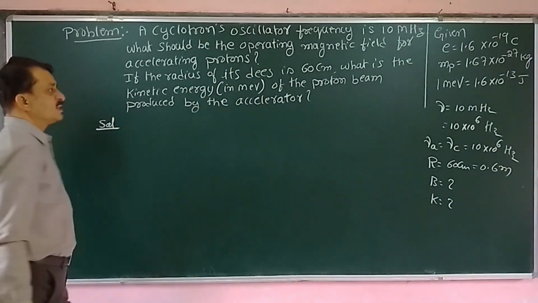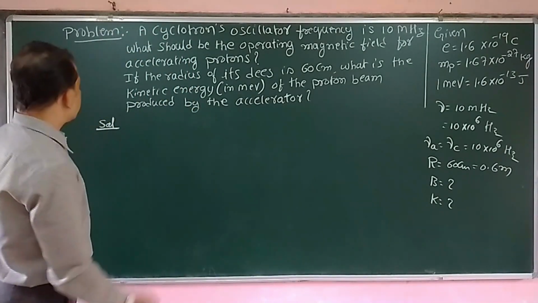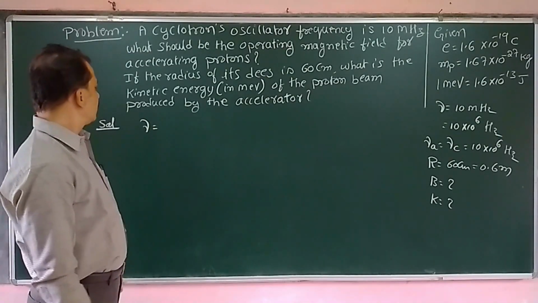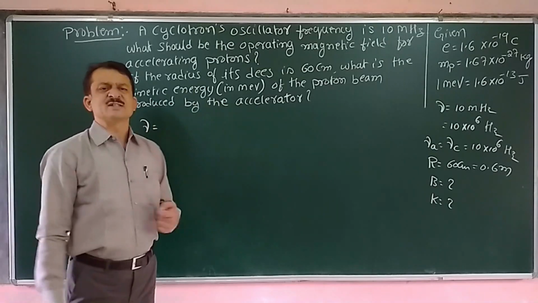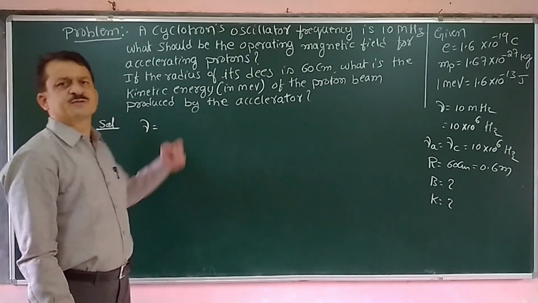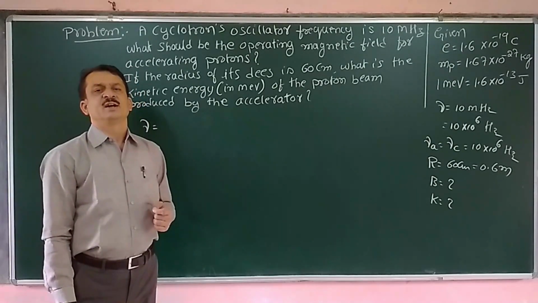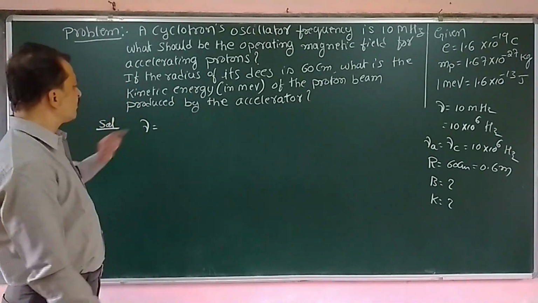Yes, we are already familiar with the frequency. We know the principle: the frequency of revolution of the charged particle is independent of its kinetic energy. We know that frequency formula.